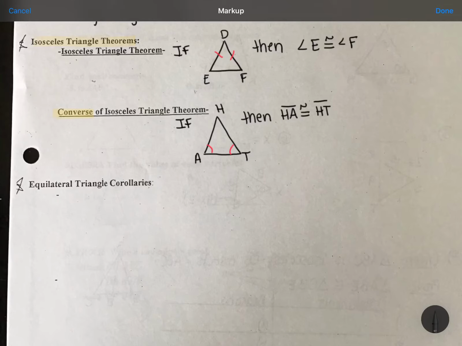The equilateral triangle corollaries: just basically remember a corollary is something that follows a proof. So somebody out there was like, the isosceles triangle theorem, and then they're like, ooh, what about equilateral triangles? So they came up with these two corollaries, and there are two of them.